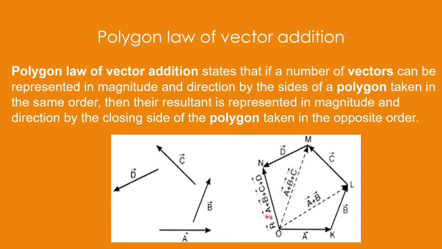So R vector can be written as A vector plus B vector plus C vector plus D vector. All the vectors get added at the end. So for such numericals, you have to go step by step: find the magnitude for the first resultant, then the second resultant, and then the final resultant. You can use the triangle law for the different steps, and then you can find the result.